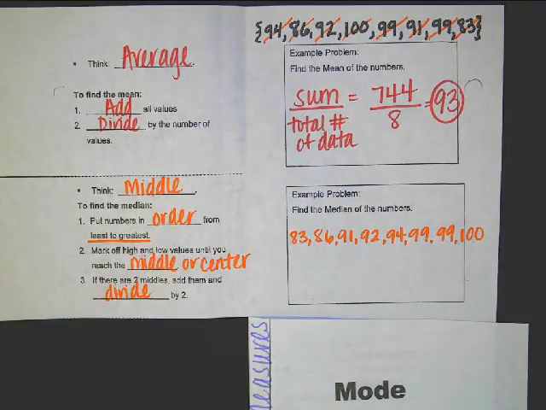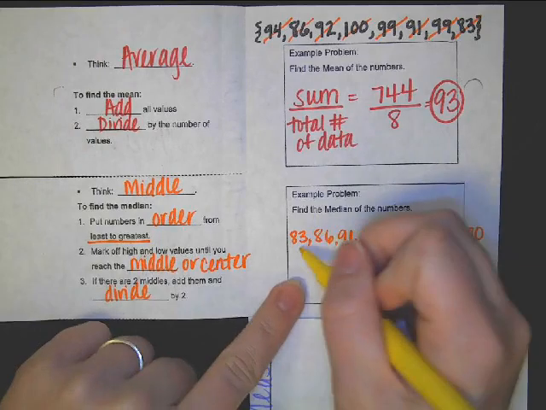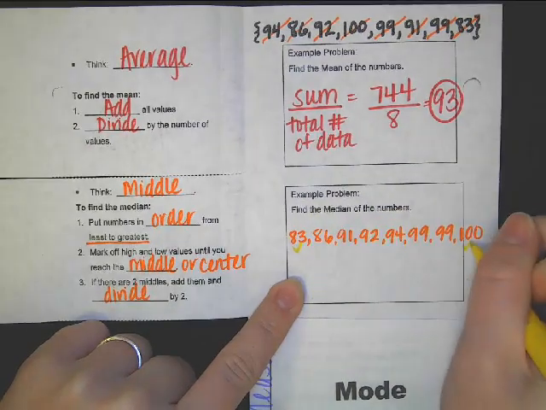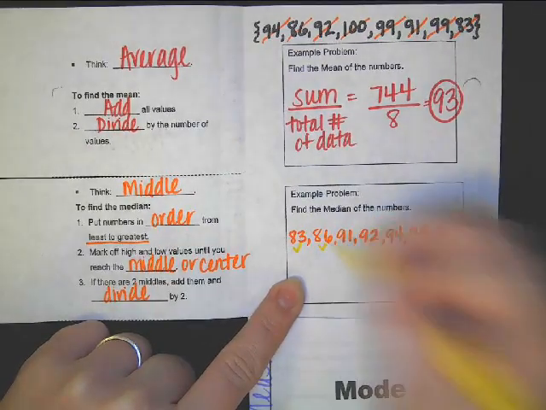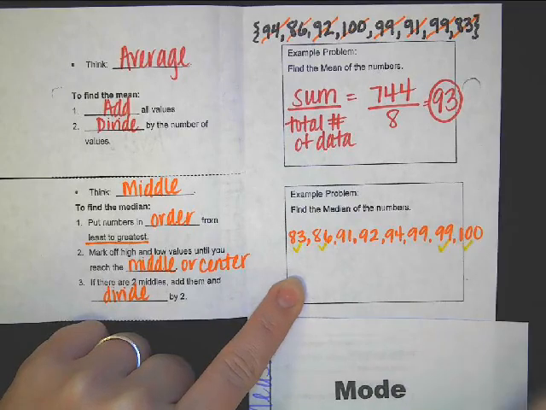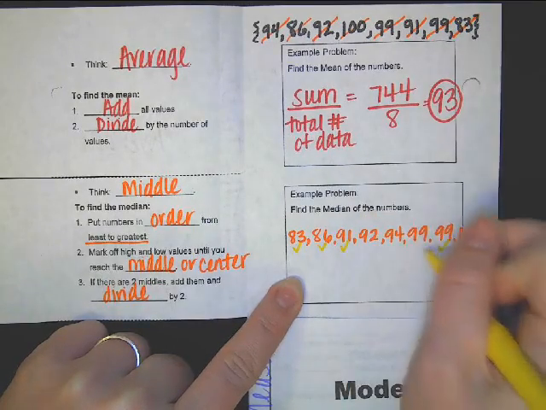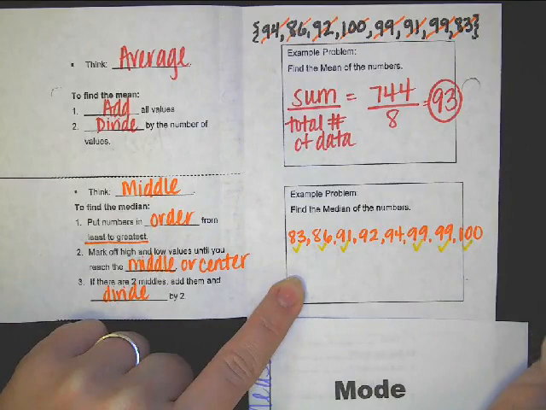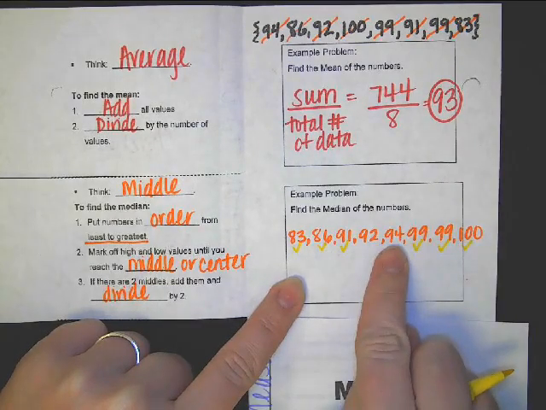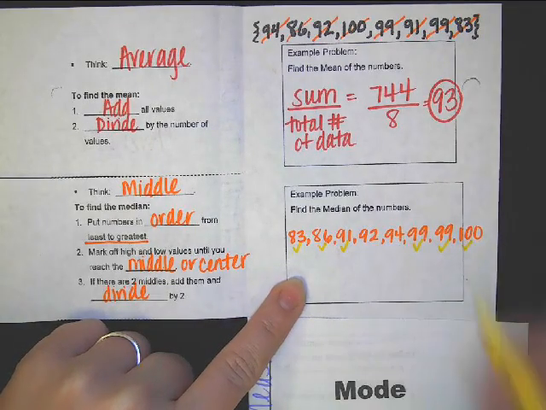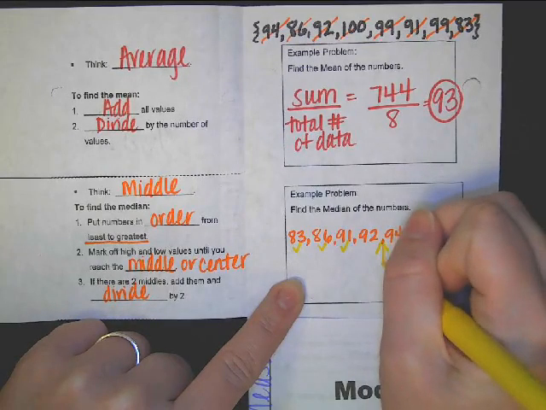Now that they're in order, I'm going to mark them from each side to see when I get to the middle. For example, 83, 100, 86, 99, 91, 99, and now here I am, I have 2 numbers in the middle. I don't want to mark them both out because the middle number is in between.